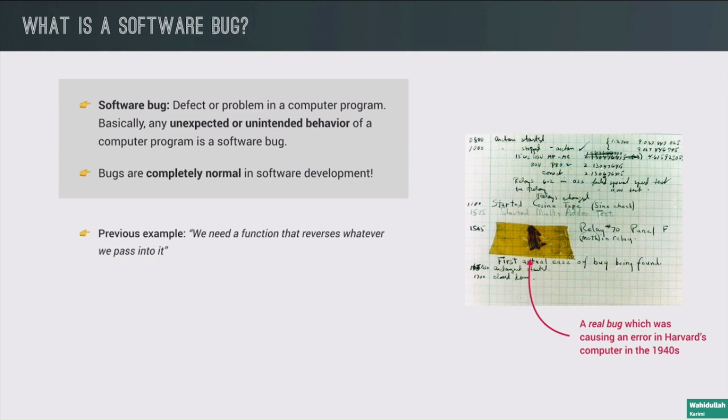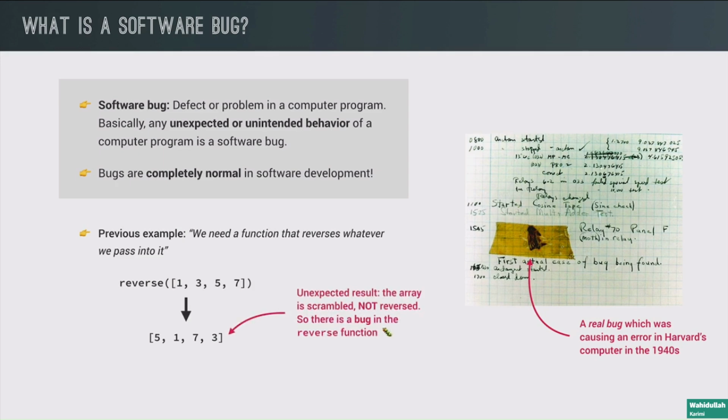Remember, in our previous example, the goal was to reverse whatever was passed into the function. So let's say we finished writing the reverse function and call it with this array and get this result. But clearly something is wrong here, right? The returned value looks scrambled, but not reversed at all.